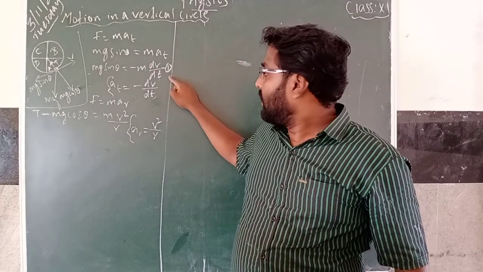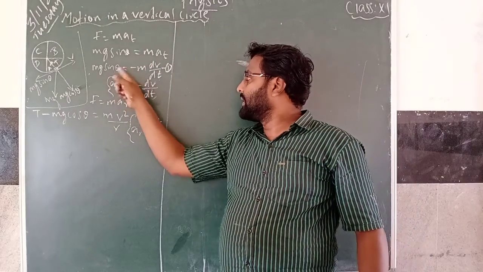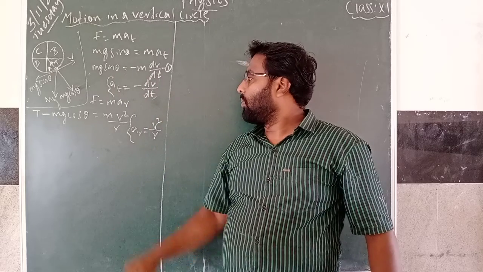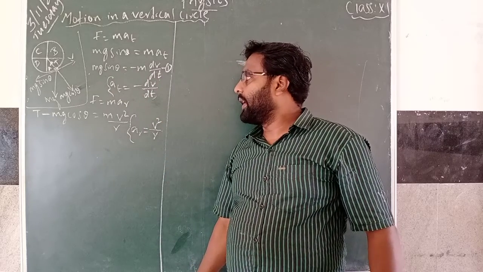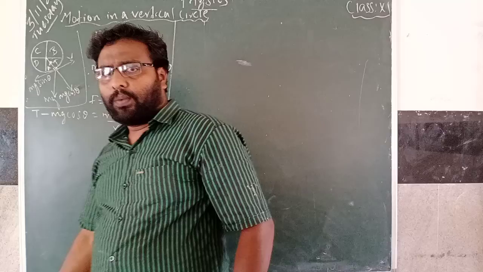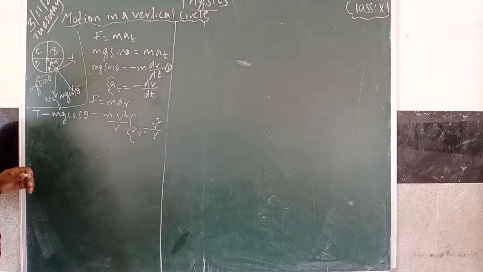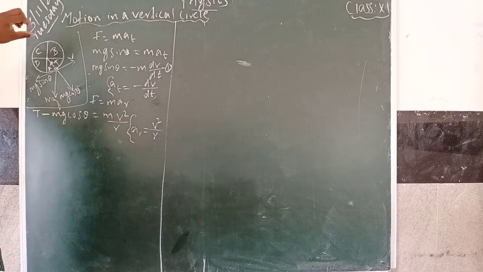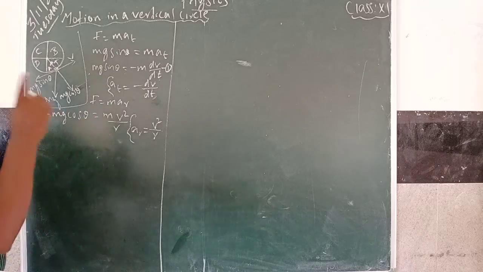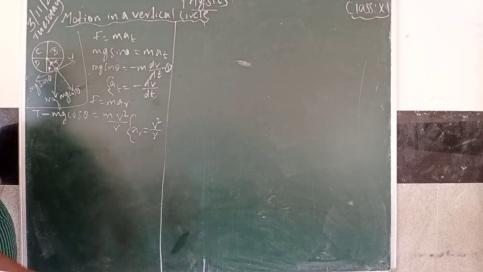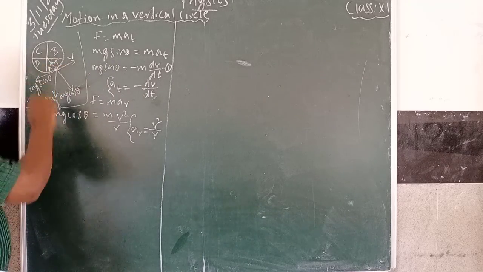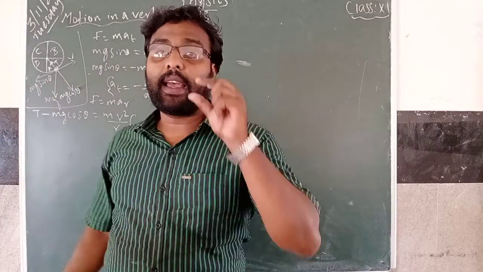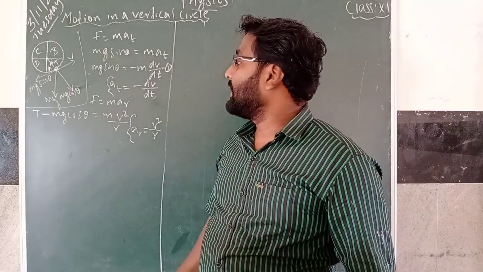In the first equation, you see mg sin theta is equal to minus m dv by dt. So it is telling us that from this equation, the first thing we can identify is that this mass is having tangential acceleration.